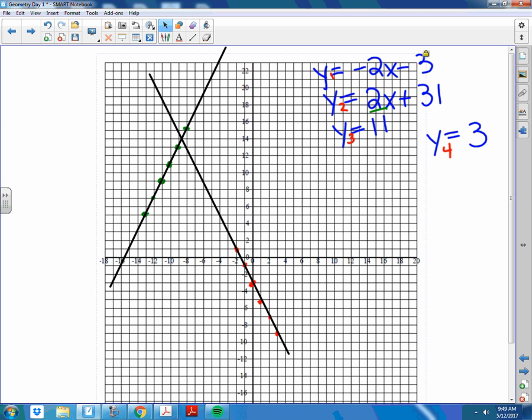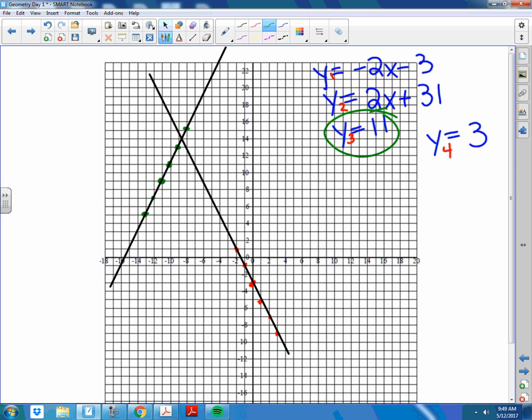Now, who wants to tell me how to graph my next 2 lines? Start with number 3. I want to graph line 3. Someone tell me how you graph this line right here. Okay. It's a horizontal line at 11.